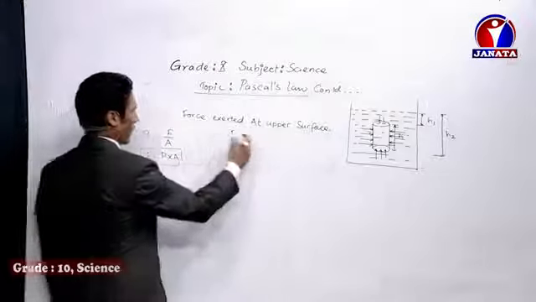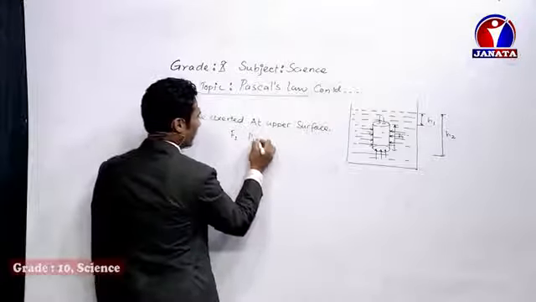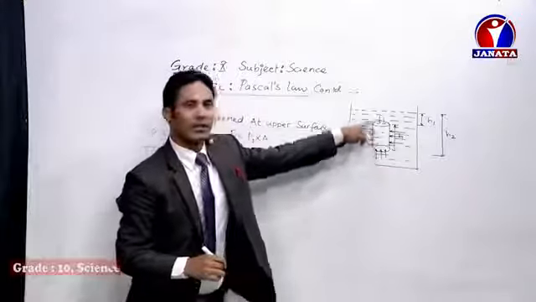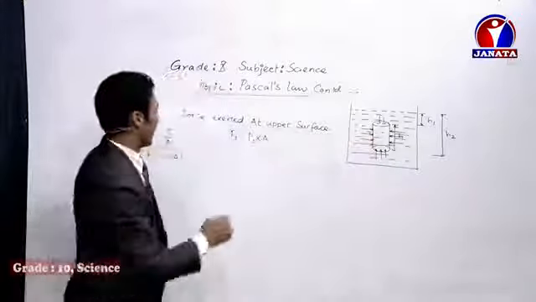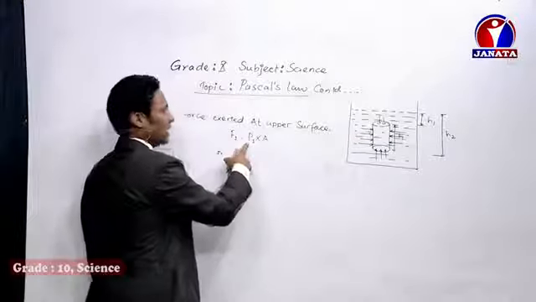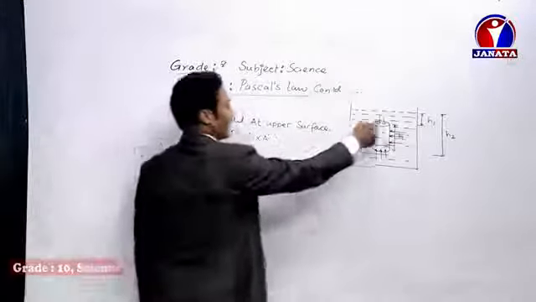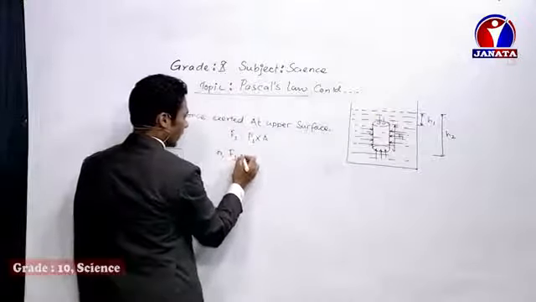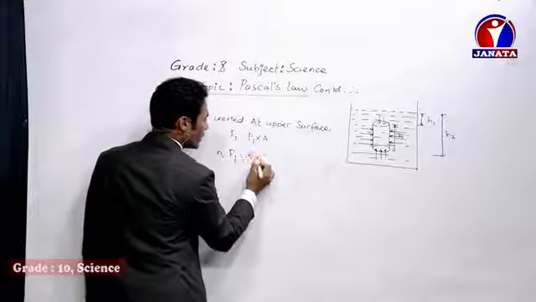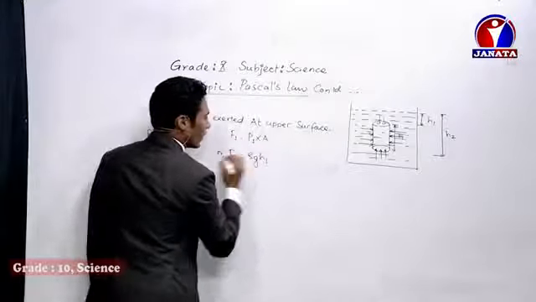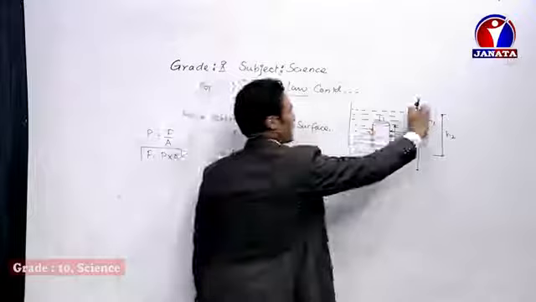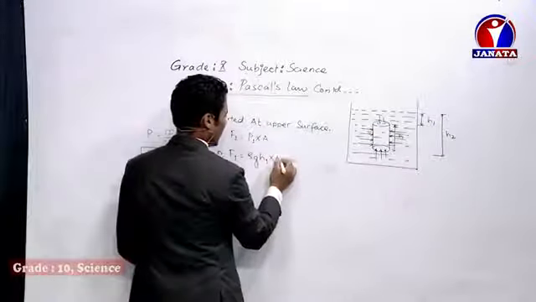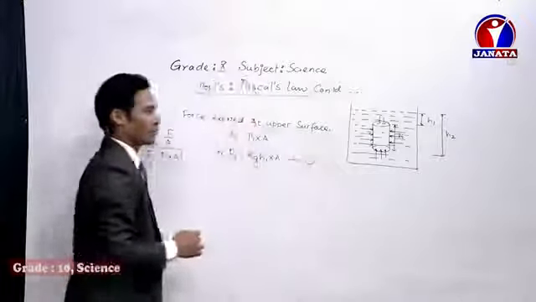So this force is P1 into A. The cross-sectional area is the same, so we can represent it by the same A. The liquid pressure exerted at the upper surface of this object is rho g h1. So F1 equals rho g h1 A. I will write this as equation 1.